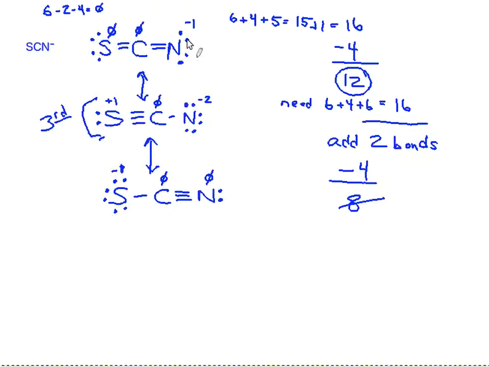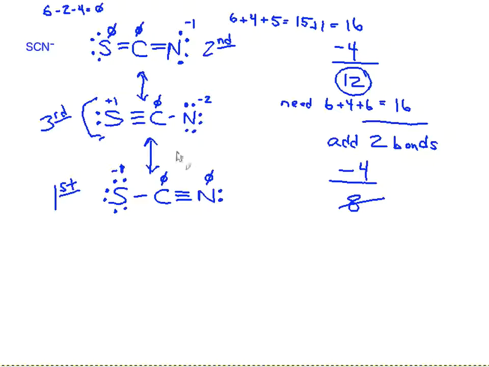And if we look at the periodic table, sulfur's got a little higher electronegativity, and so I would rather have this -1 charge on the sulfur than on the nitrogen. And so this is how I'm going to rank these formal charges.